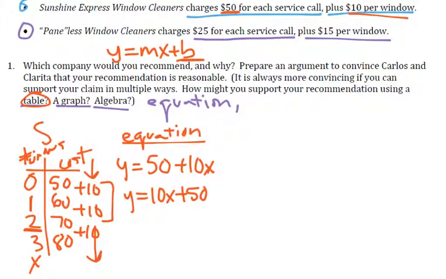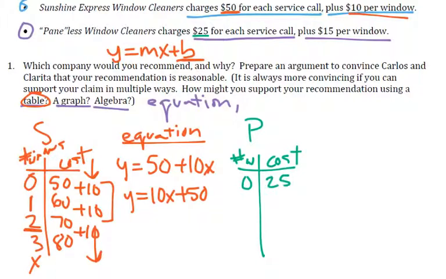Okay, that works. So now with Painless, let's make our T-chart. So number of windows, cost. Here we start out with that $25, and we're adding 15 each time. So it would be 40 for one window. For two windows, 55.